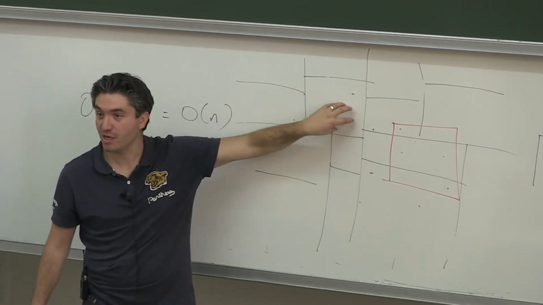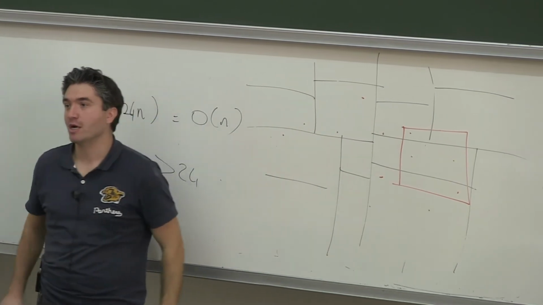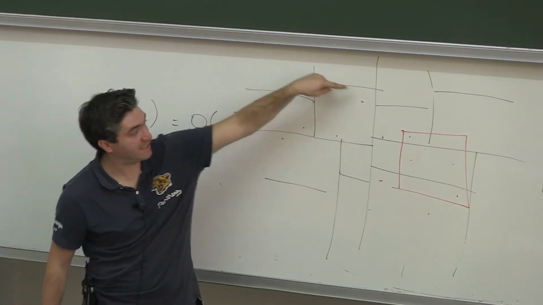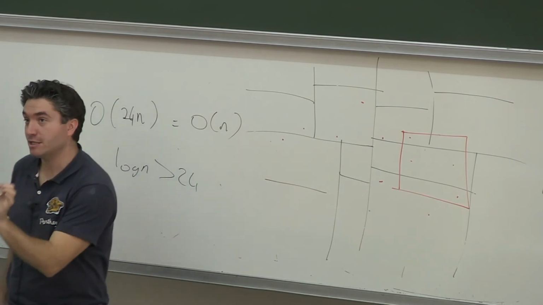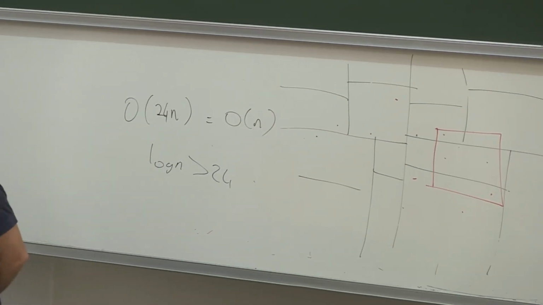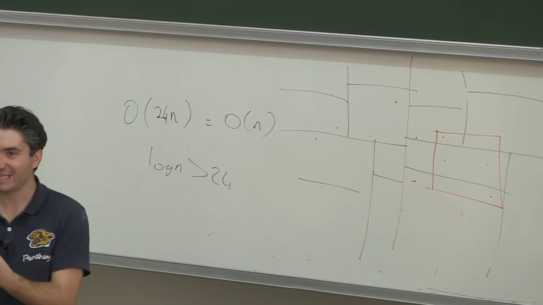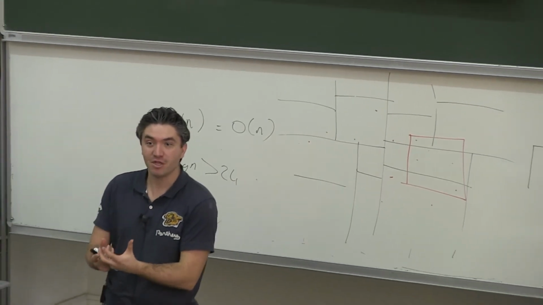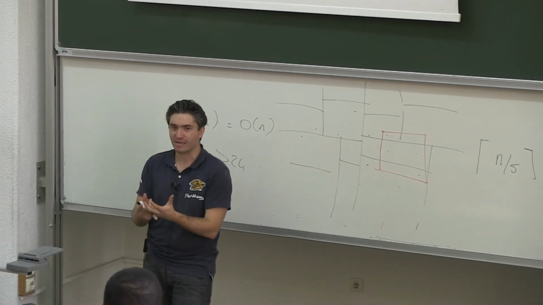So each intermediate node in this tree has a designated region, and we don't need to store these regions explicitly.